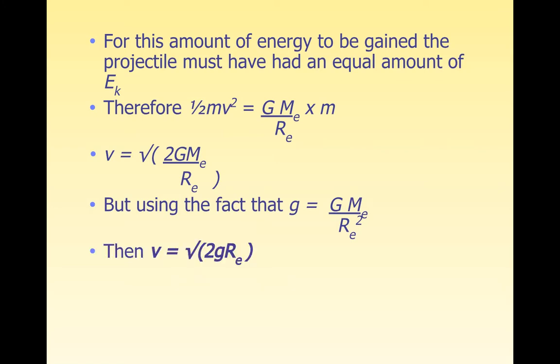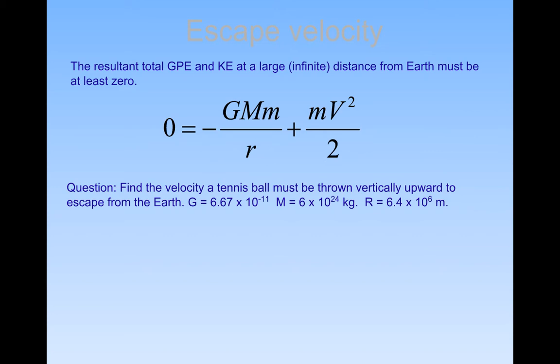So we can substitute that in. That gives us a really simple equation for calculating the velocity required to escape planet Earth. So therefore, the escape velocity means the resultant total gravitational potential energy and kinetic energy at a large, infinite distance must be at least 0. Okay, so the two things cancel out.